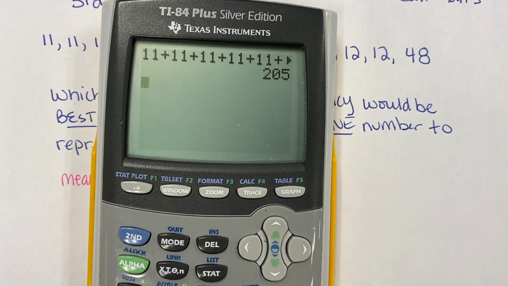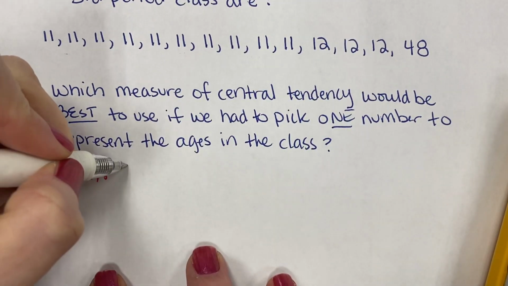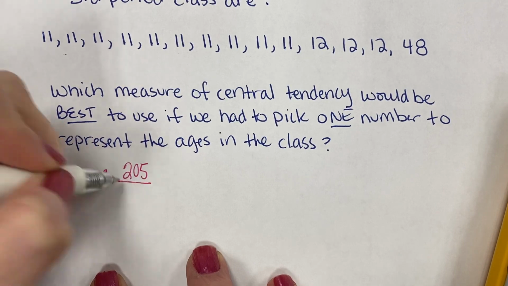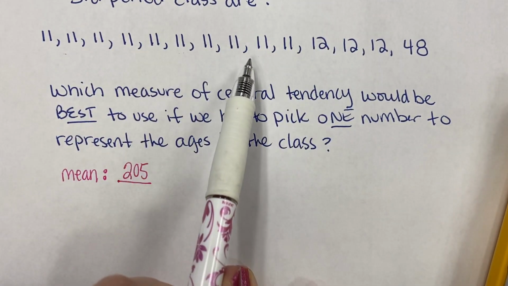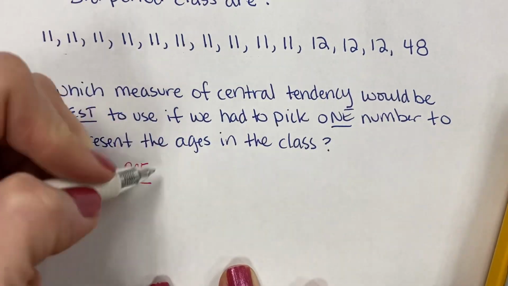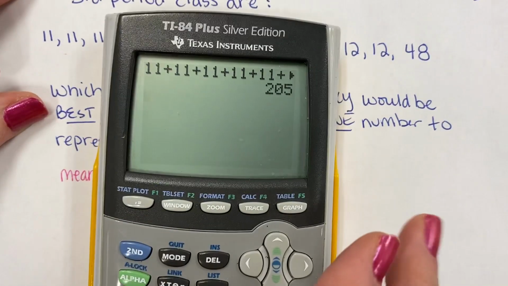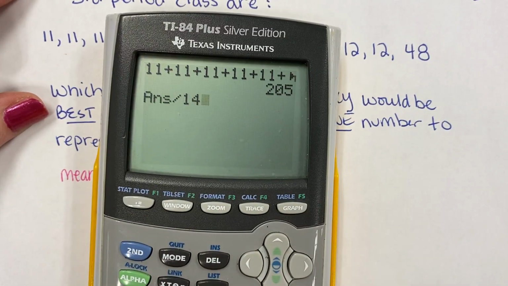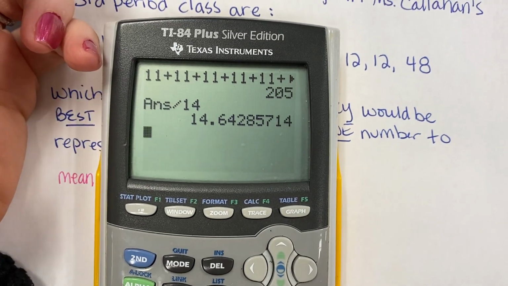That gives me a sum of 205. So the mean is 205 divided by how many people I have. There are 13 of you in period 3, plus me makes 14 human beings in the room. So 205 divided by 14 is about 14.6.